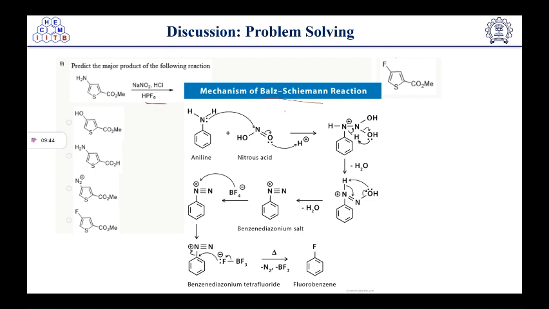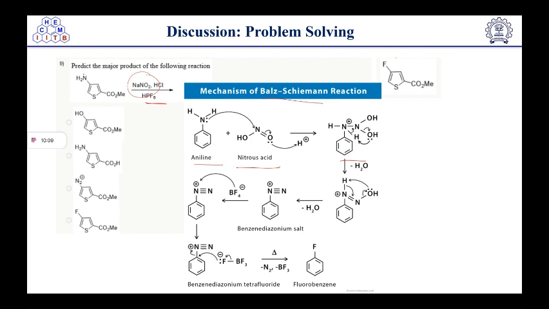Okay, Balz-Schiemann reaction. So in this case, what happened first? We have here aniline and nitrous acid. So here also we have nitrous acid, right? So nitrous acid, this lone pair of nitrogen will attack on the nitrous acid and this will open up and it will take up the proton to give the corresponding intermediate.